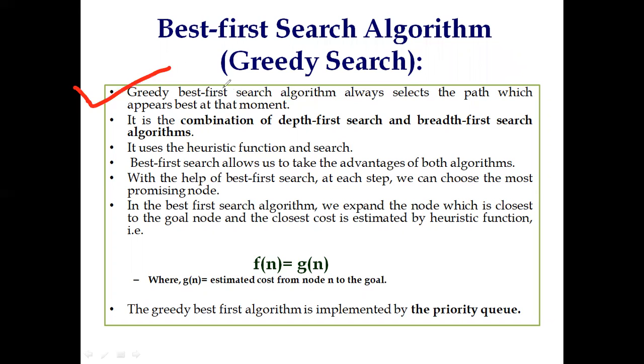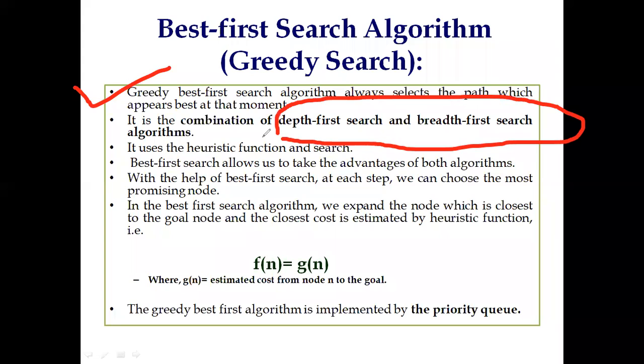Greedy best first search algorithm always selects the path which appears best at that moment. It is a combination of depth first search and breadth first search algorithm, but don't confuse that. Depth first search and breadth first search techniques both belong to blind search techniques. Remember, I discussed all these things.